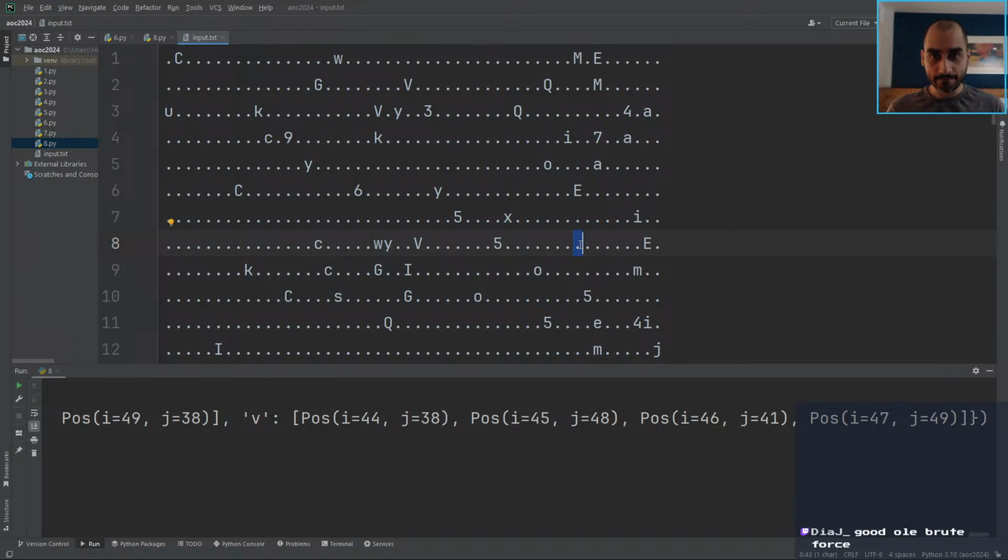You're literally iterating over the grid 3 times.